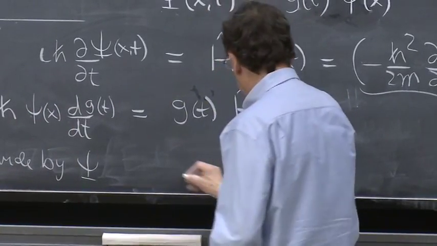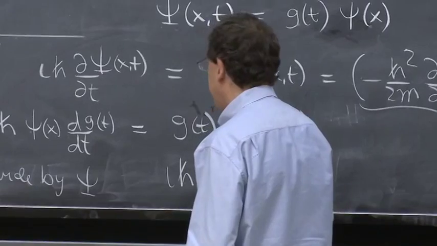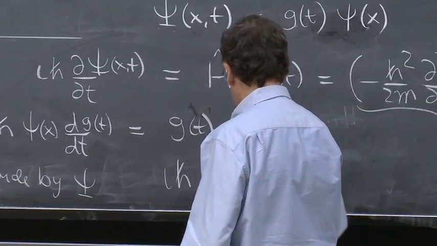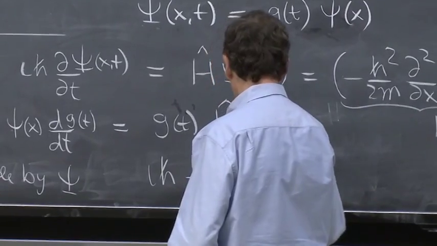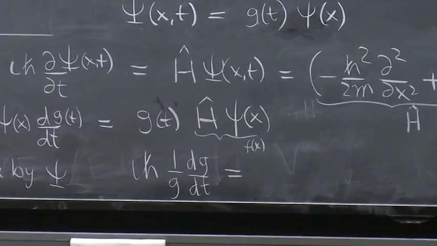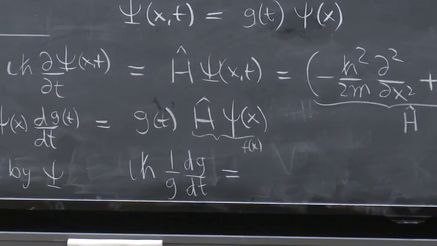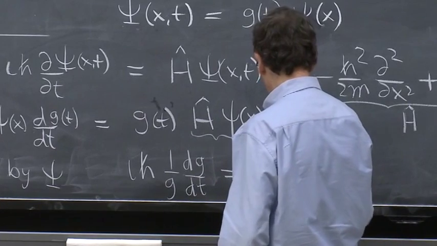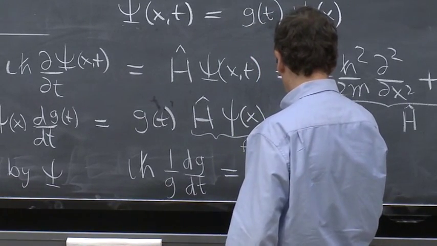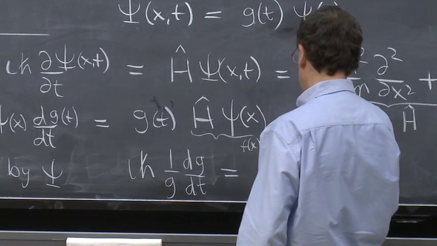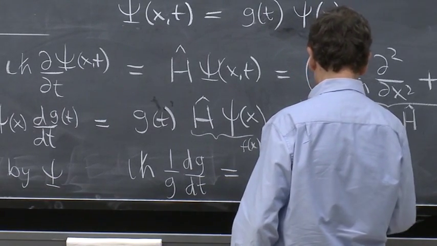So you get i h bar 1 over g dg/dt is equal. On the right hand side, you cancel the g and you get a 1 over psi of x, H hat psi of x.